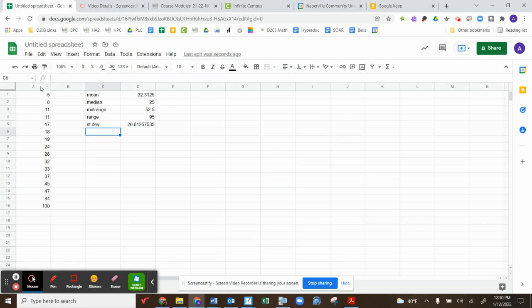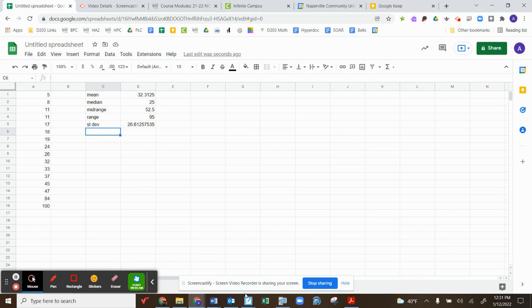When we're talking about rounding and things like that, the mean, we're going to usually take that and round that one decimal place more than the original number. So this would be 32.3. Standard deviation, we're usually going to go a couple more than that. So 26.62 or 26.613. As you're working through those, kind of look at the answer key. And as we get towards the test, we'll be talking about that a little bit in class of what's appropriate and what spot to do those things.